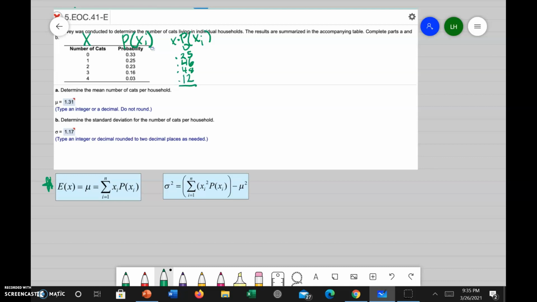So then you would add those together and you would get 1.31, which is the mean, because we have to sum.